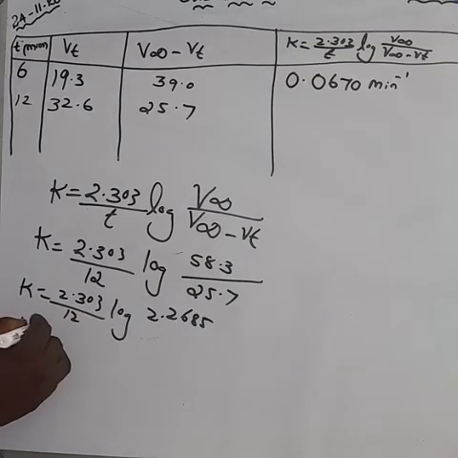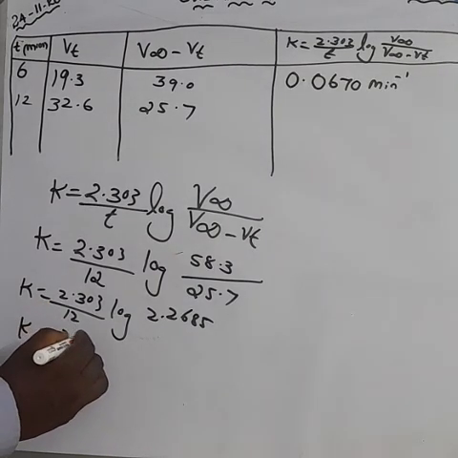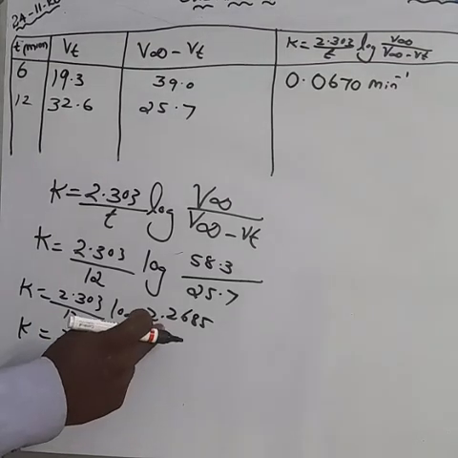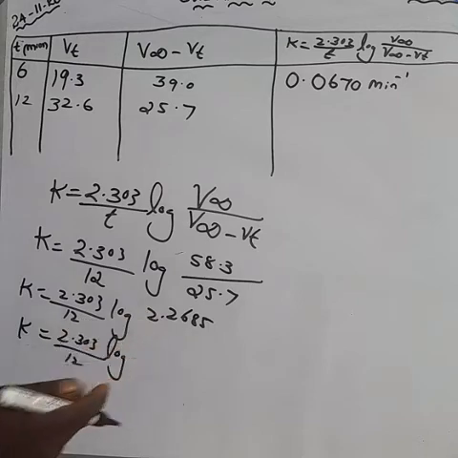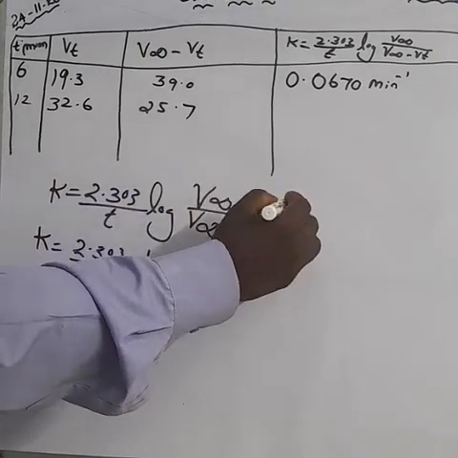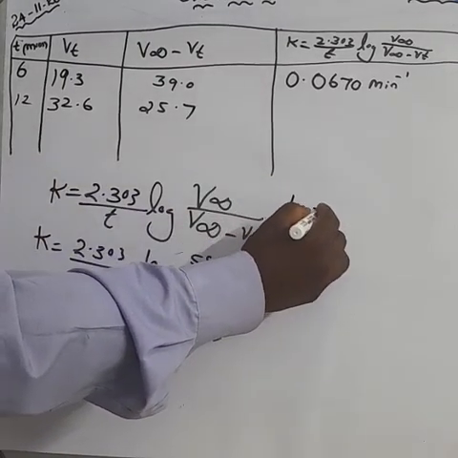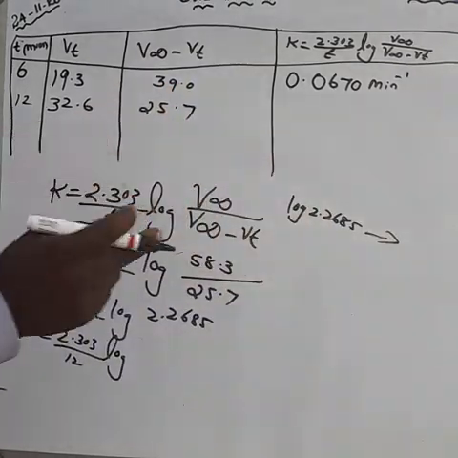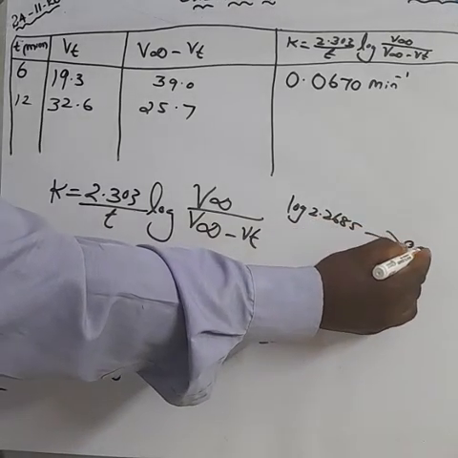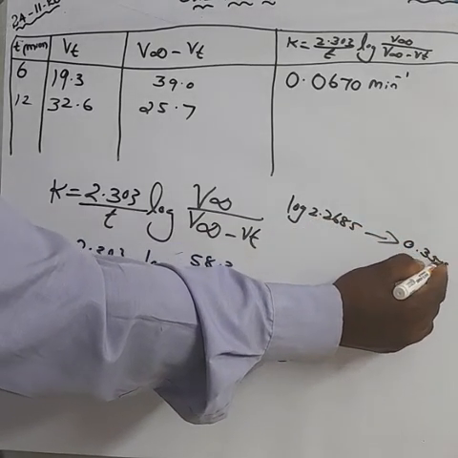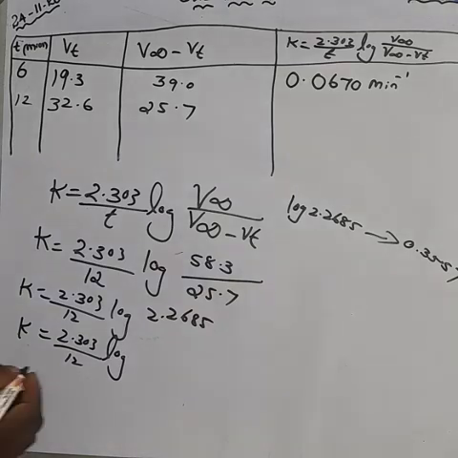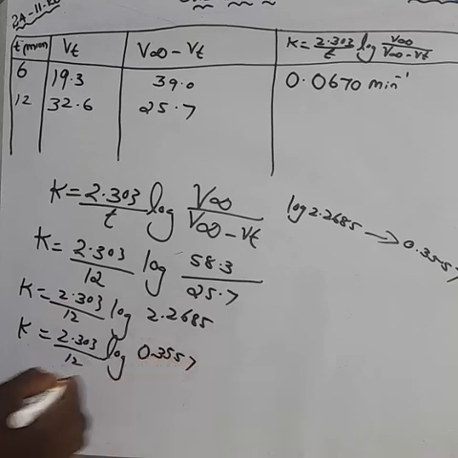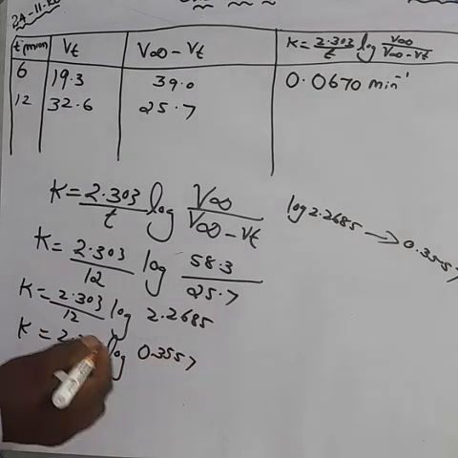So K can be written as 2.303 divided by 12 into log of 2.2685, and the value of that log is 0.3557.